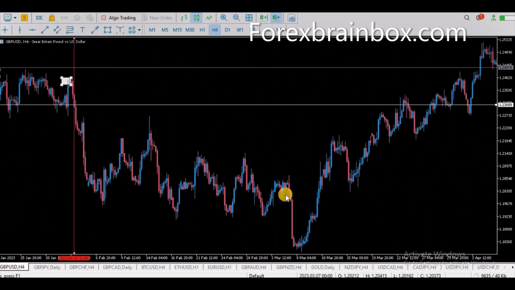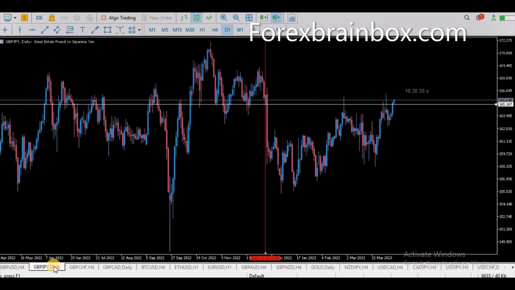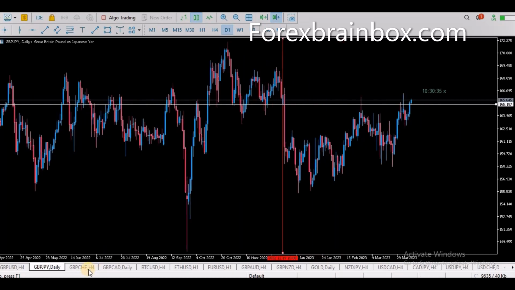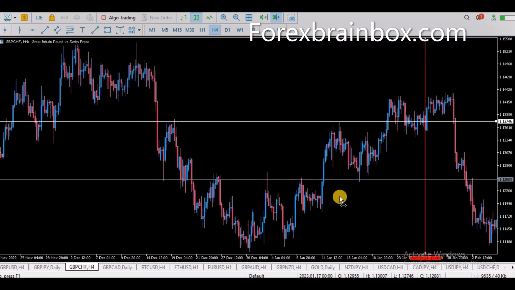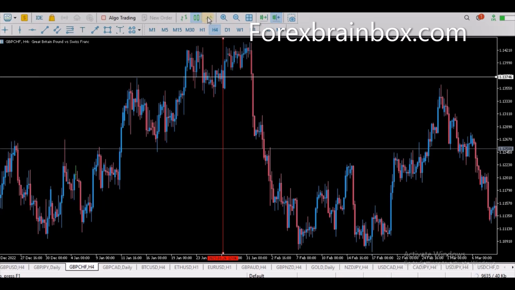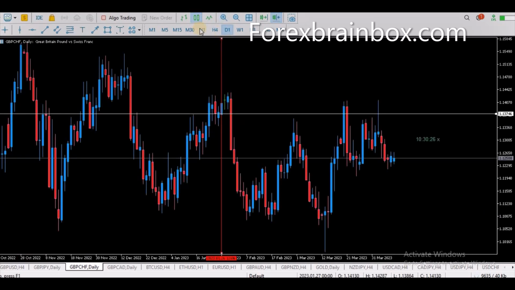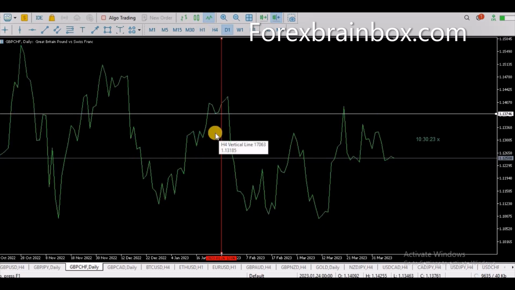So I want us to go look at other charts. Okay, let's see this. On the daily chart, yes, this can count for a double top.